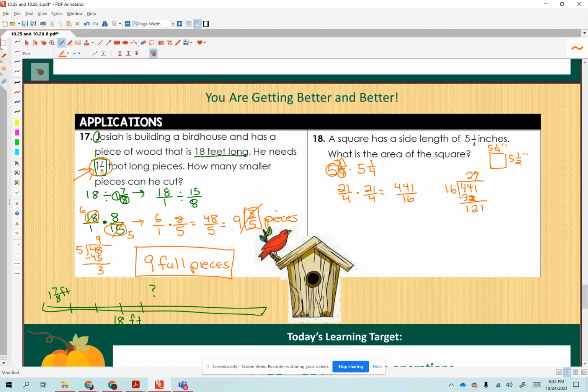And 7 times 16 is 112, and 121 minus 112 is 9. So that would be 27 and 9/16. And these are square inches, so we can write inches squared. That's how we write that.